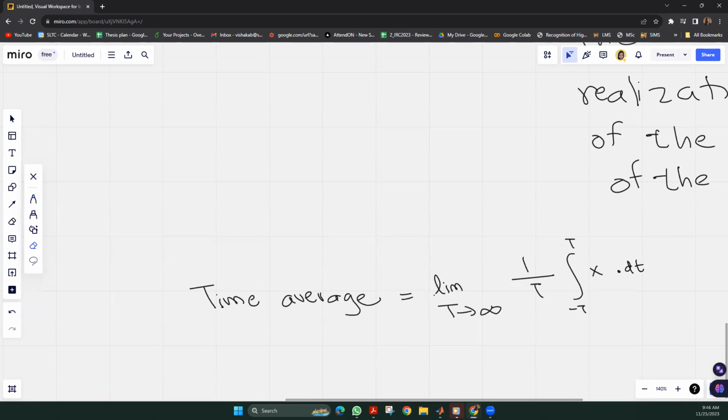So I will say that this is x(t) dt. We are not considering a specific time. We are varying the time over minus capital T up to plus capital T, and I'm taking the integration with respect to the time axis. This T value is the period of the signal, right?